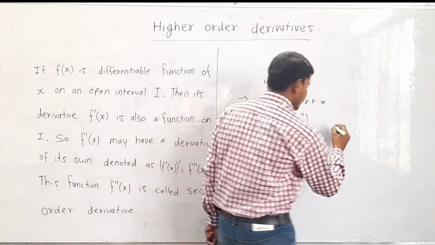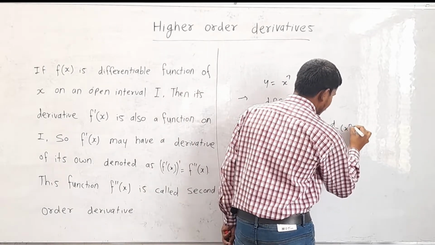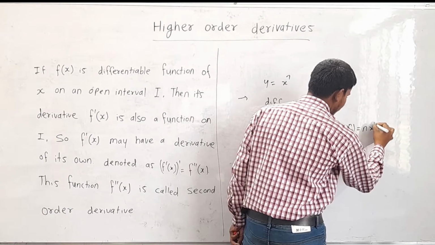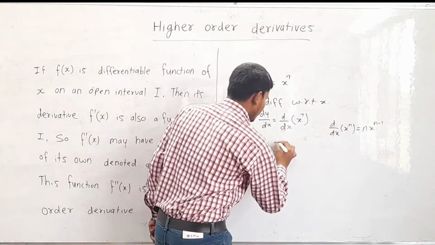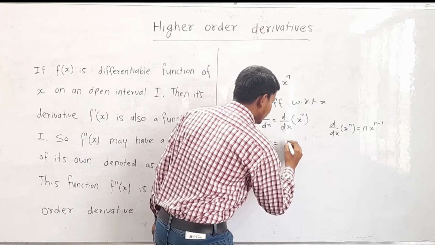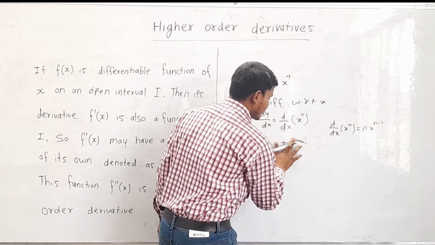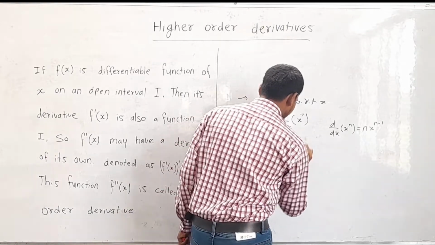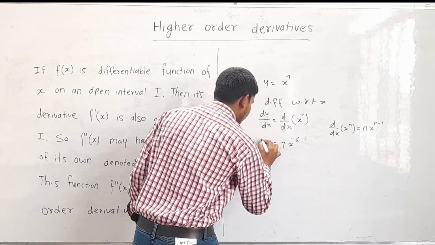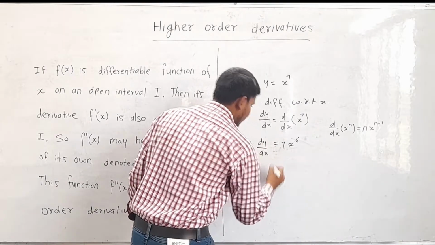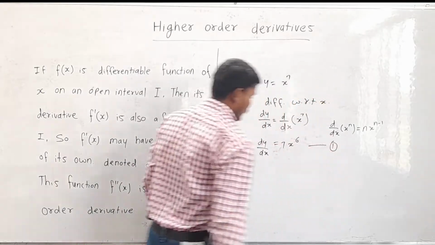Here we have used that formula dy dx of x raised to n is equal to n x raised to power n minus 1. Now, on solving this we get 7 x raised to 7 minus 1, that is x raised to 6. This is our f dash of x, that is dy by dx. Consider this is equation number 1.